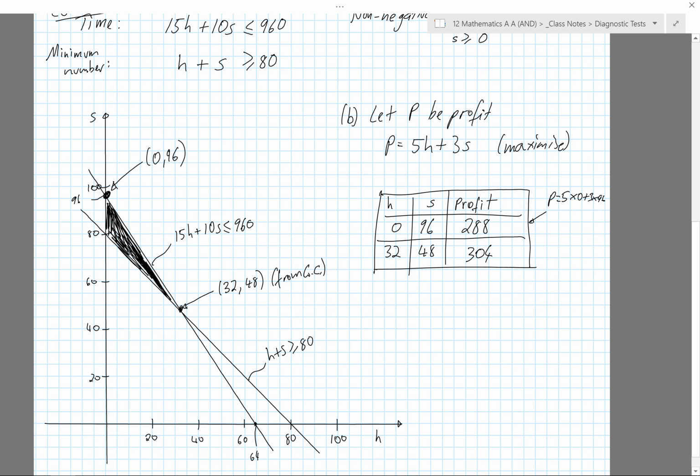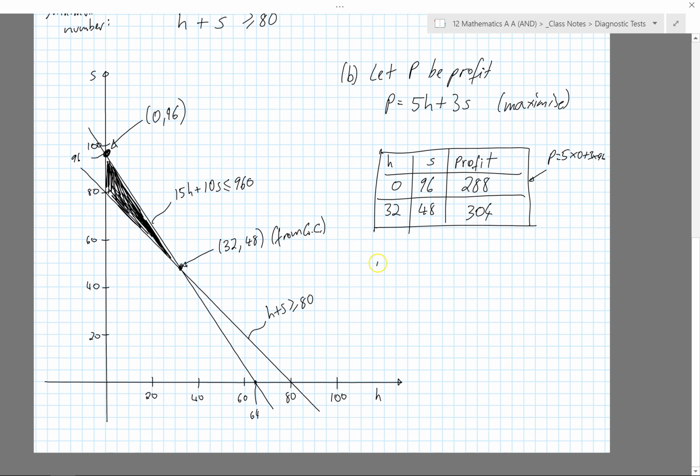Okay, so my conclusion will be to make the maximum profit, okay, we need to make 32 hats and 48 socks for 304 profit.